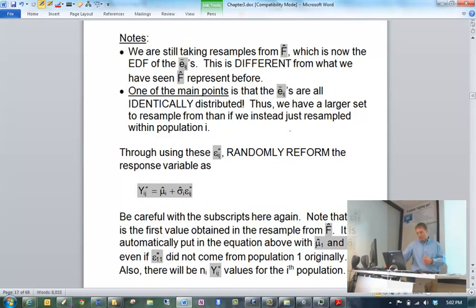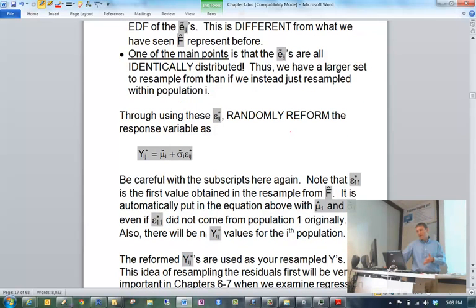Okay, some notes. We're still taking resamples from F hat, which is now just simply the EDF of the E tildes. That's it. One of the main points is that the E tildes are all identically distributed. Thus we have a larger set to resample from, instead of just resampling from within population i. We've discussed the discreteness that can come into play with a non-parametric bootstrap.